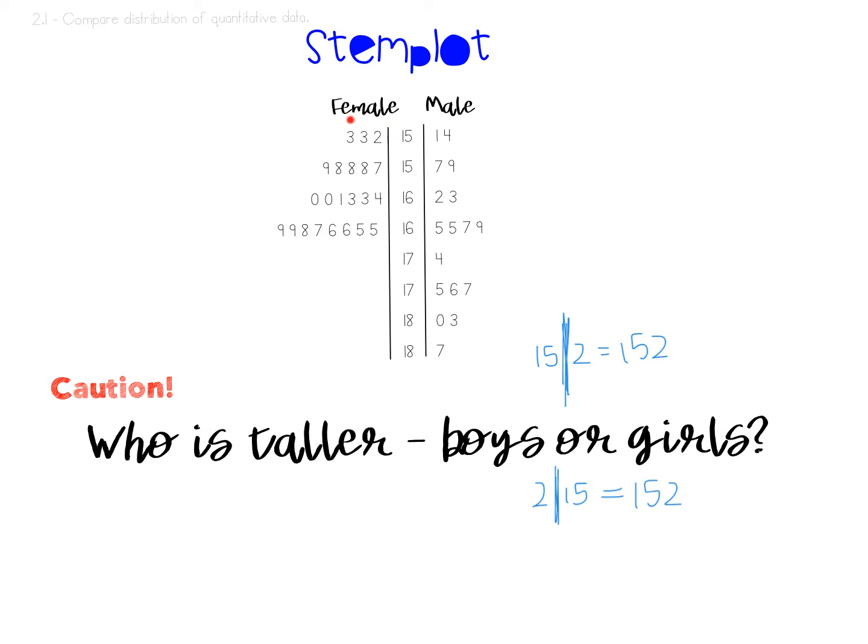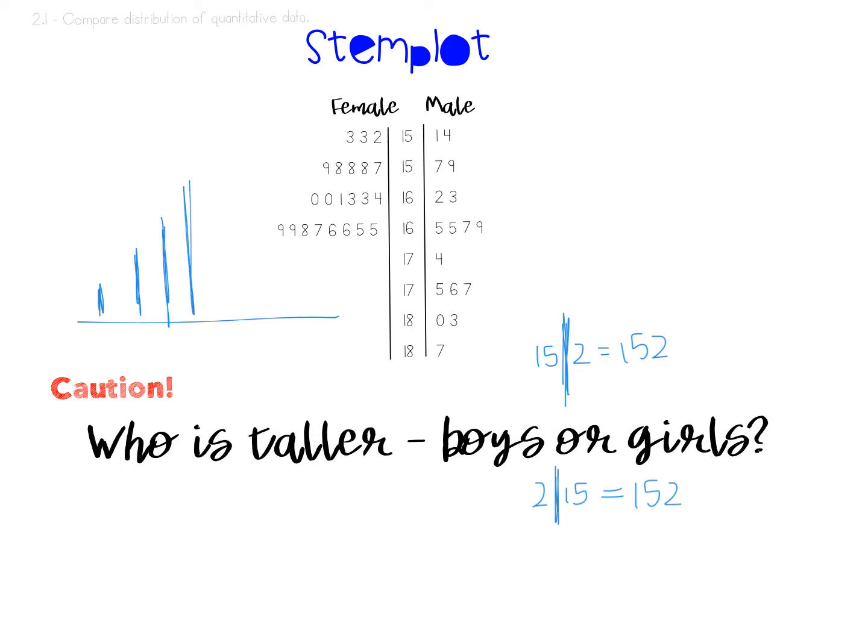Now, the female side: a lot of students, if they were to describe this, might describe it by turning it this way, but you want to think of it as still a number line where it goes from 15 to 18. If I were to make a number line of it, those numbers are still going to be over here, 15. These are my higher 15s, these are my low 16s, and these are my high 17s.